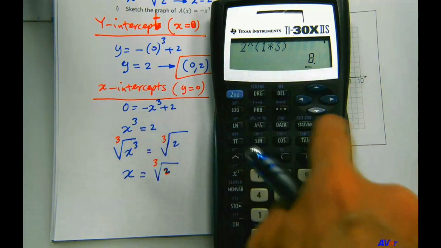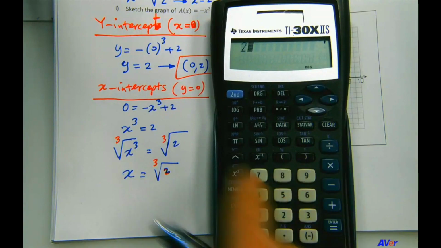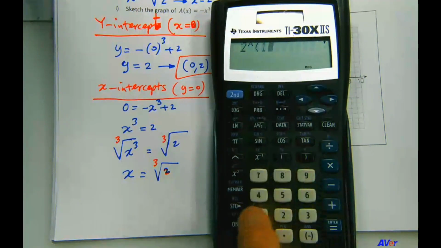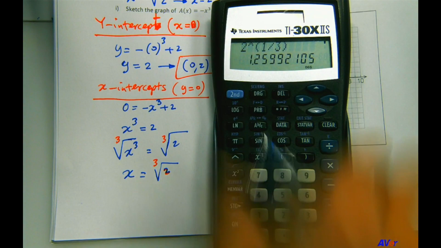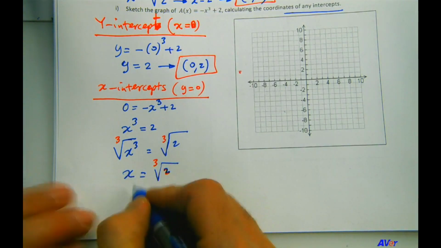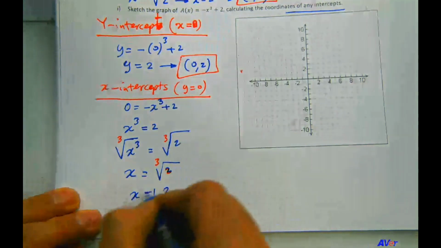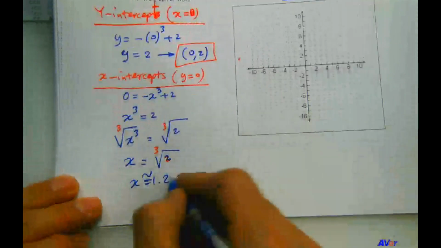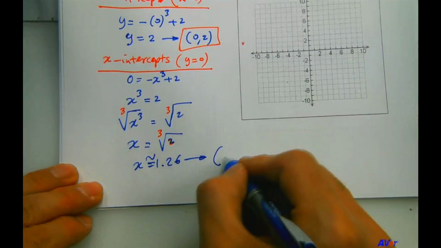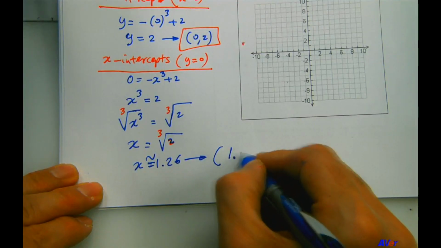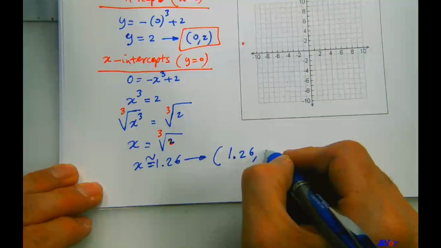No, I made an error here. 2 raised to 1 divided by 3. So we have 1.259. Let's round that to 1.26. Okay? So x is approximately equal to 1.26, which means the x-intercept is at 1.26 comma 0.